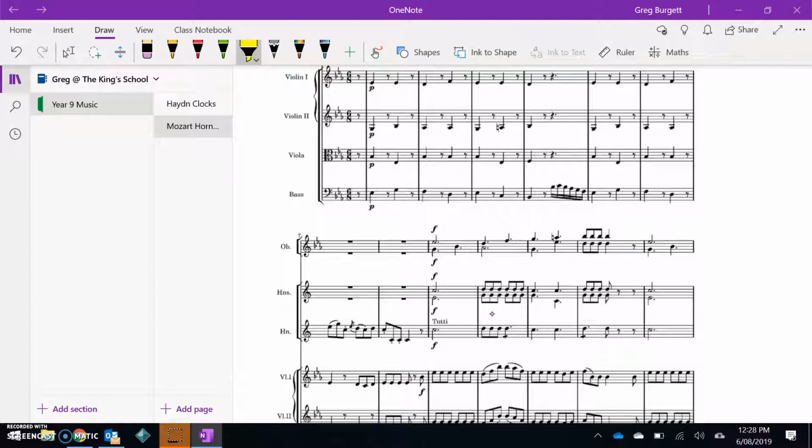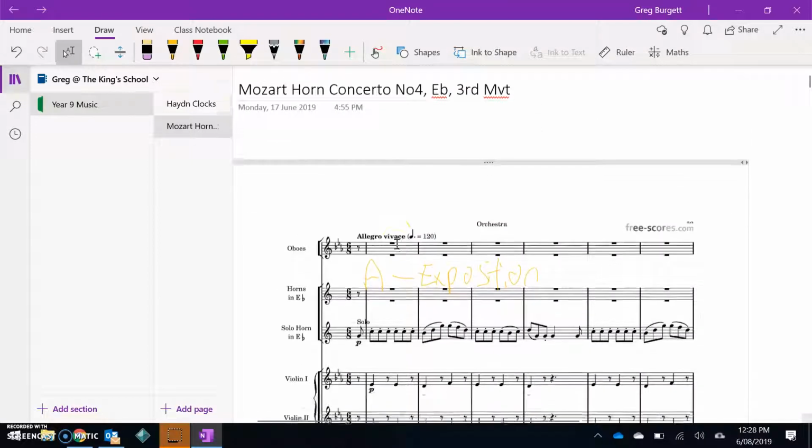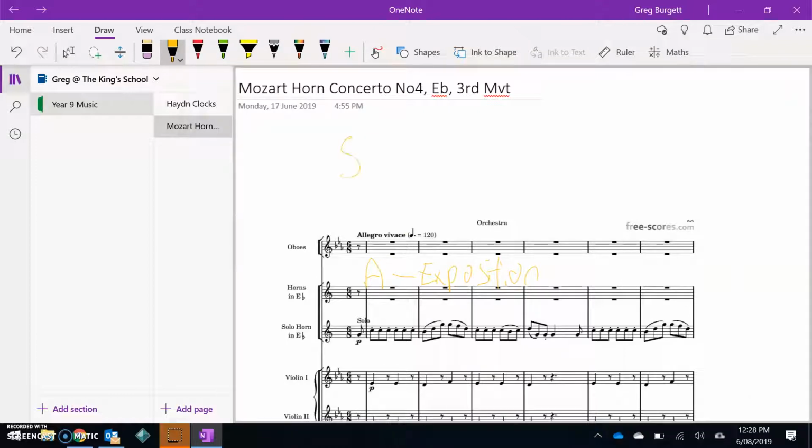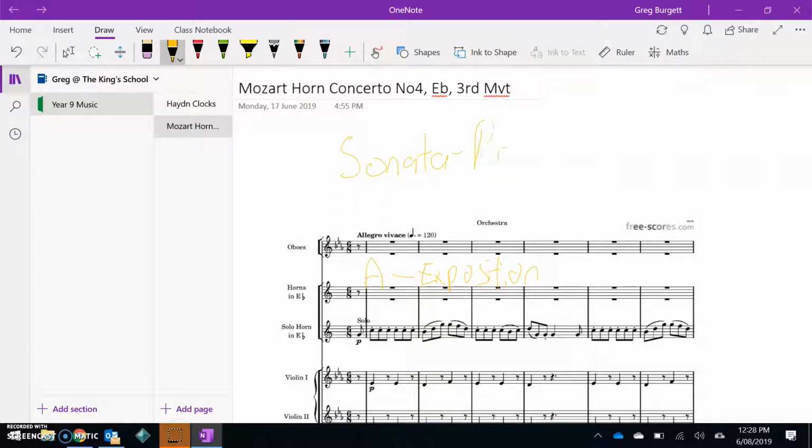So let's have a look at that. Let's see if we can find that. So sonata rondo form, let's do that. All right, let's see if we can find that.